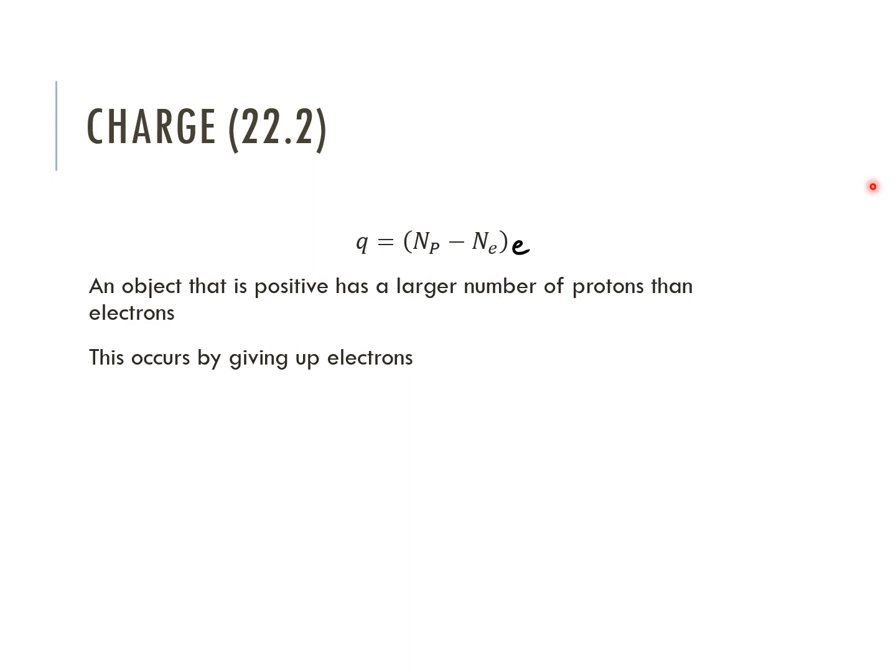And it turns out it's going to be a lot easier for the electron to move around in comparison to either a whole nucleus or a single proton being kicked from it and moving around. So in order to have a positive object, you get rid of electrons.